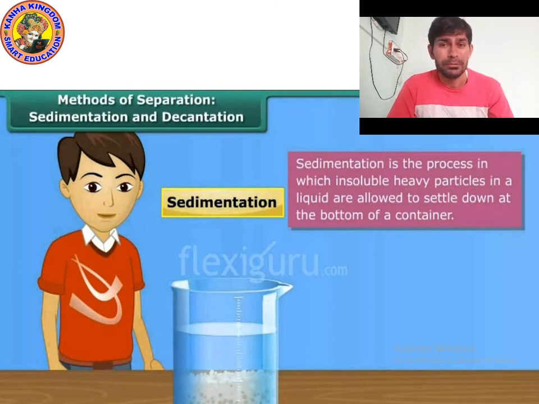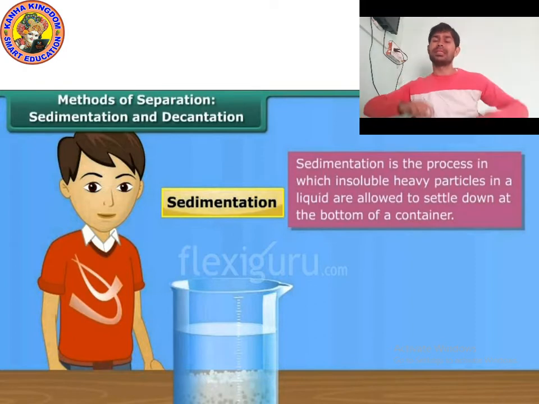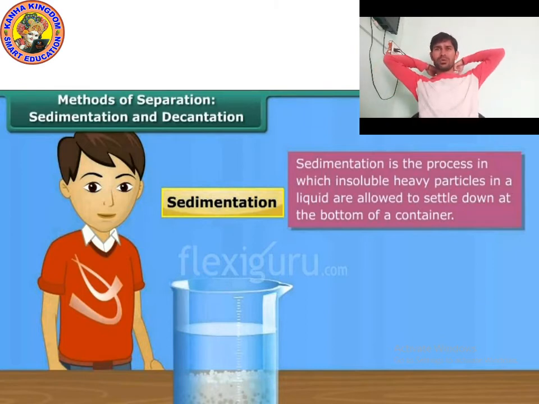Then what will happen? You will see that the stones and soil have settled down. You will see the clean water at the top and all the soil and stone at the bottom. Am I right? This process is known as sedimentation.